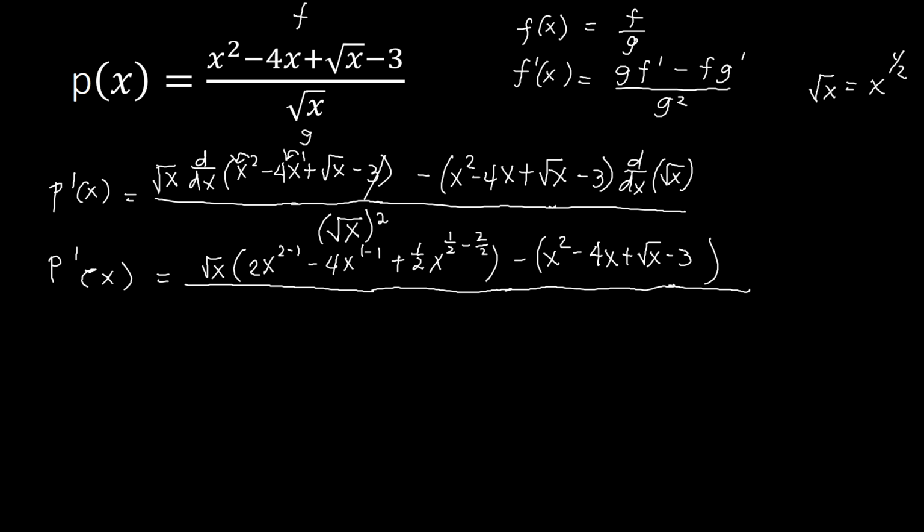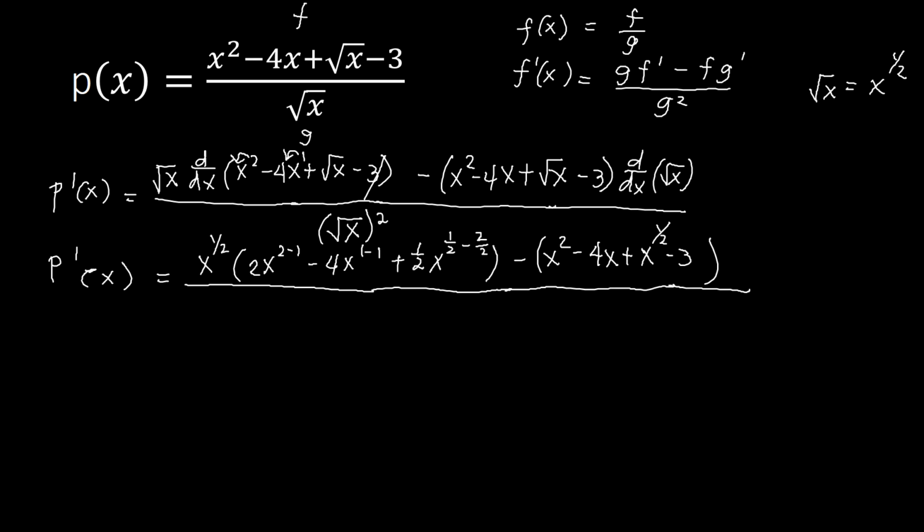And then might as well transform the square root of x here into a fractional exponent so that it will be a lot easier for me to do the simplifying later on. Also here, we've got the square root of x at the very start. I'll transform that right away into a fractional exponent. Then we do get our derivative of the square root of x.